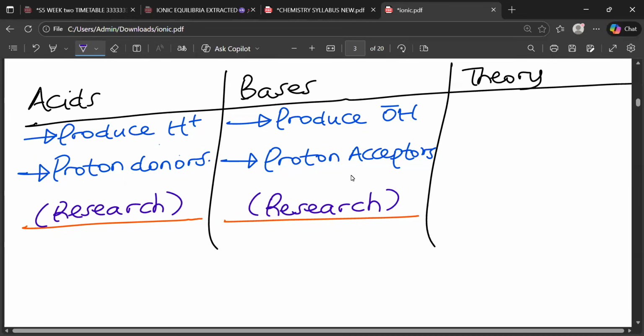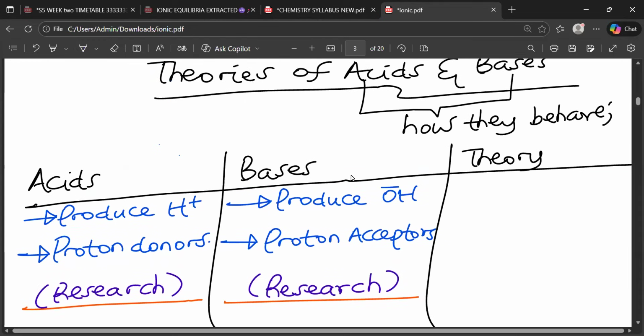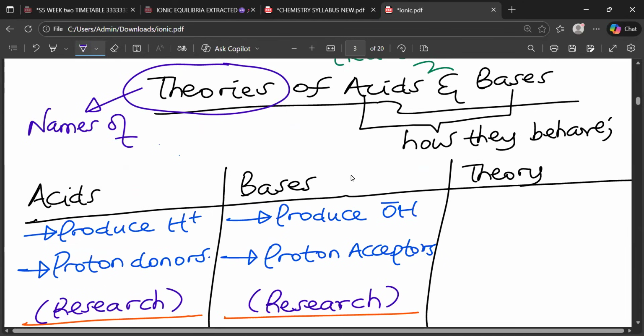Now, one thing I want you to understand about theories is that these theories give us the names of the individuals. These theories are names of the individuals that gave us their perspective.